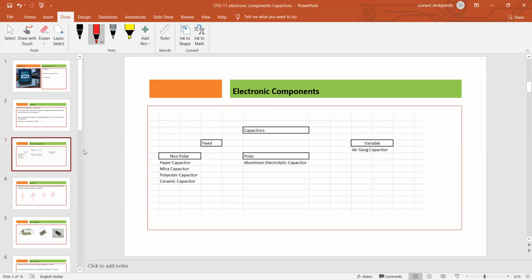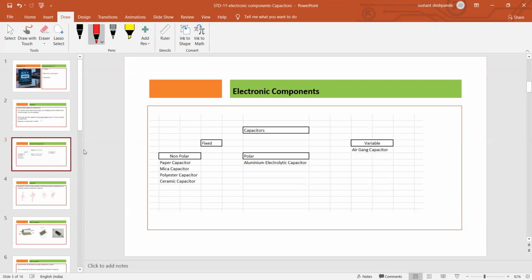As we have already seen for resistors, the capacitor is the second most used passive component in electronic circuits. These capacitors are of two types: one is fixed capacitor and the second is variable capacitor. Fixed capacitors are classified further based on polarity, that is non-polar and polar.